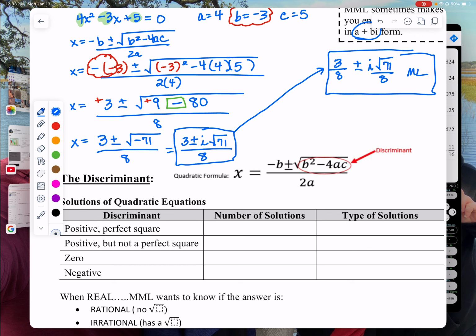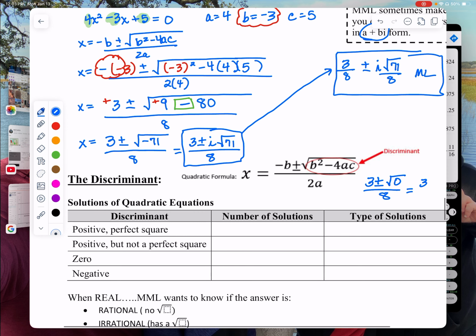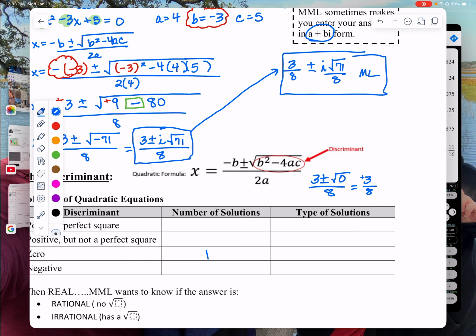Let's do this last one that we had, 3 plus or minus the square root of 0 over 8. Well, that's going to give me 3 plus or minus 0. What's 3 plus 0? 3. What's 3 minus 0? 3. So you're always going to get this positive 3, so I've got one answer. When it's a 0, you have one solution.